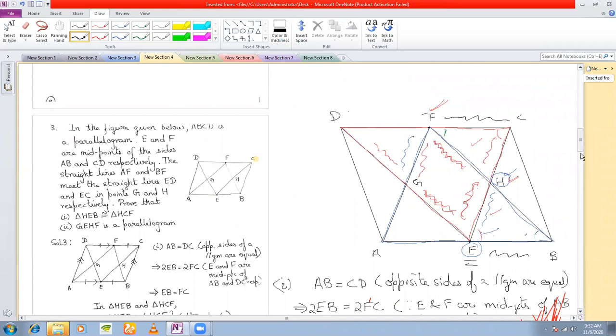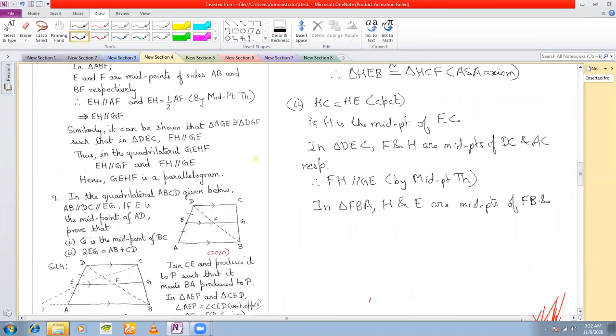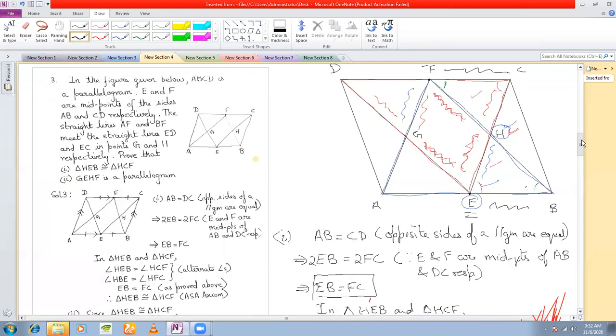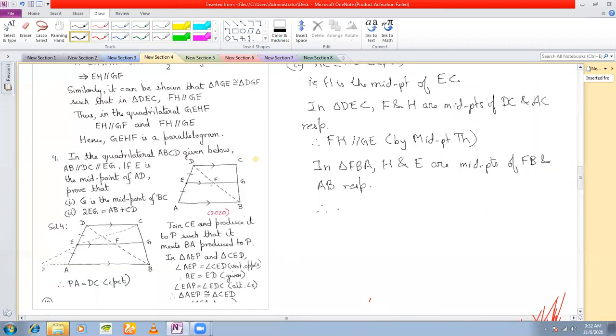FB and AB respectively. Therefore, what can I say? I can say that HE is parallel to FG by midpoint theorem.